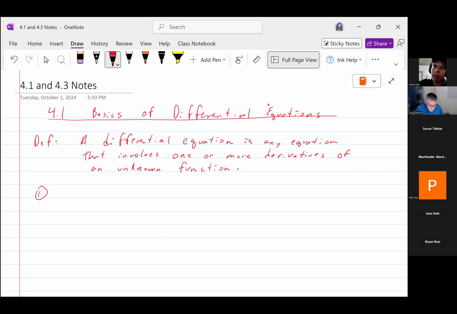Okay, let's look at how differential equations behave.